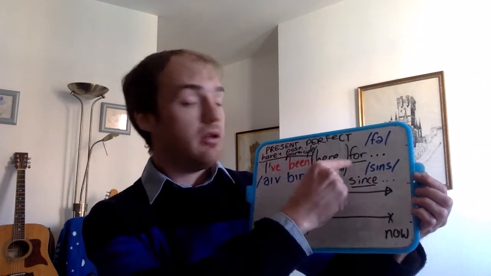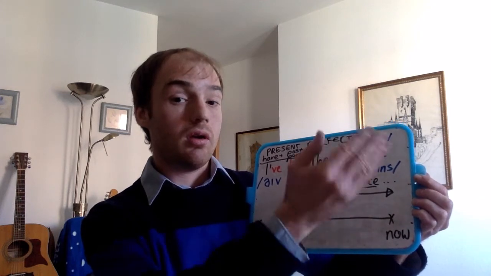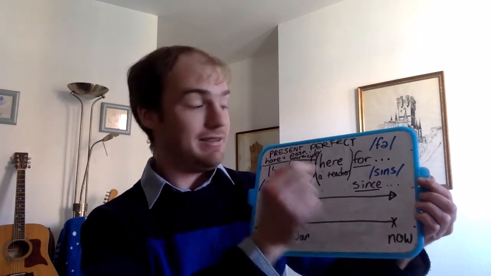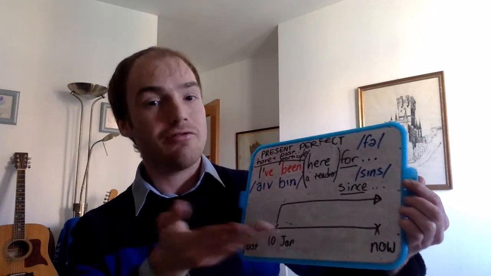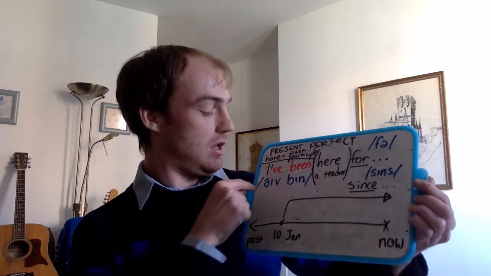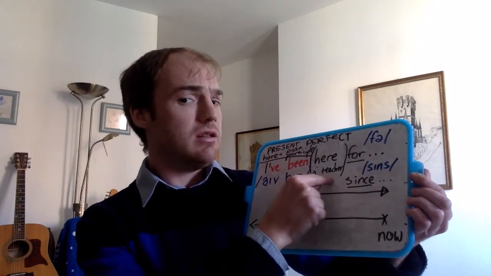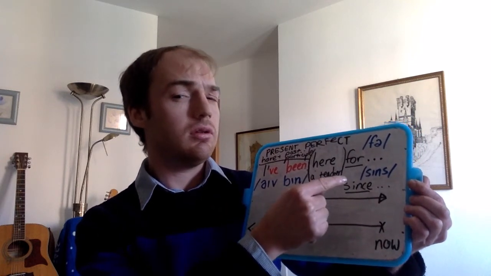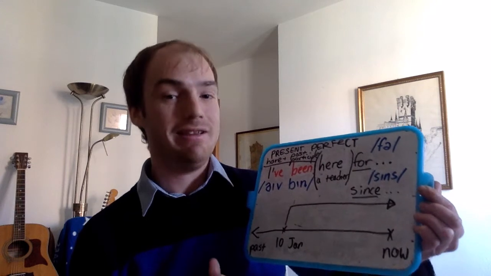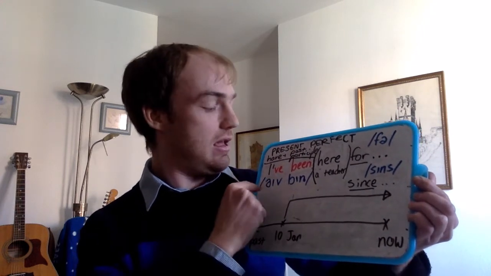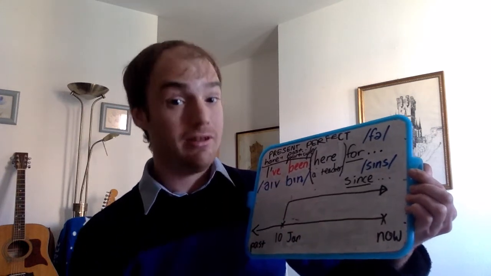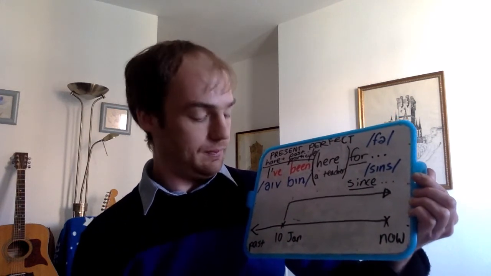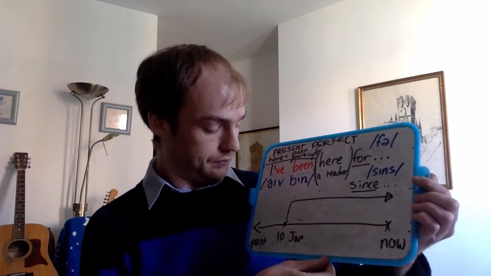I've been here for 6 days. I've been here since the 10th of January. Great. I've been a teacher for 8 years. Yeah, that's it. I've been a teacher since 2009. Good. Okay.